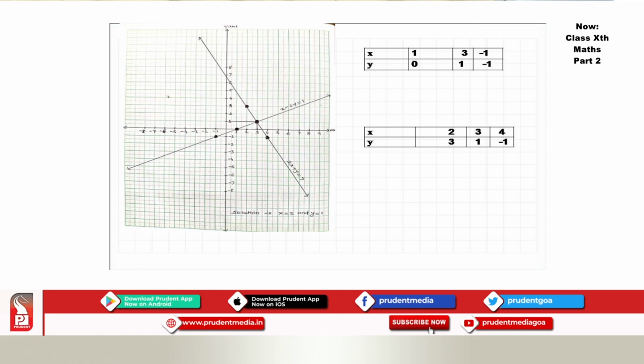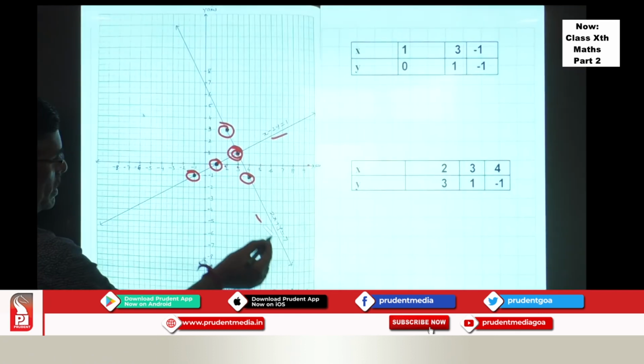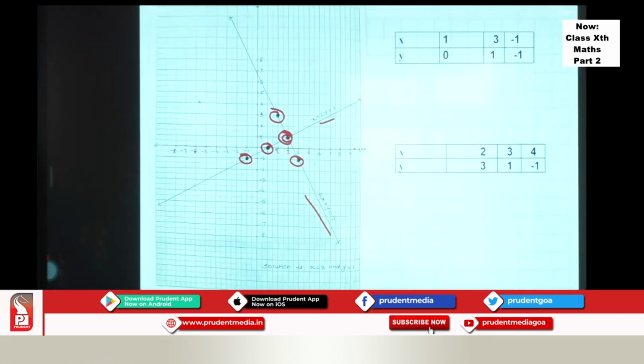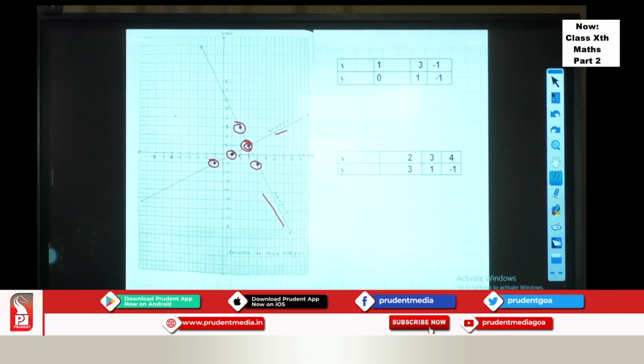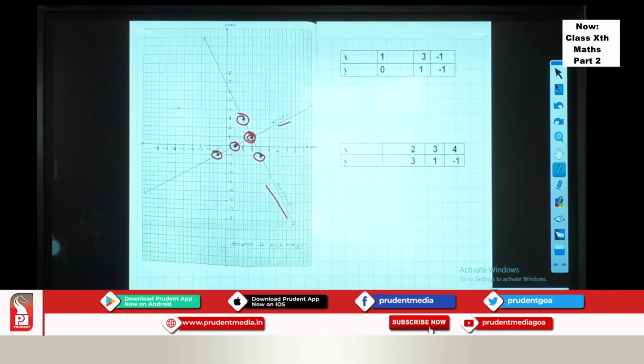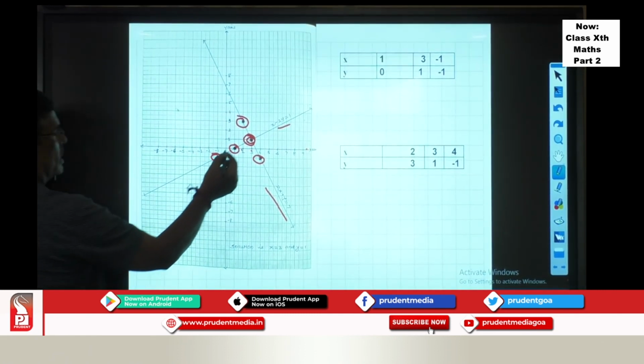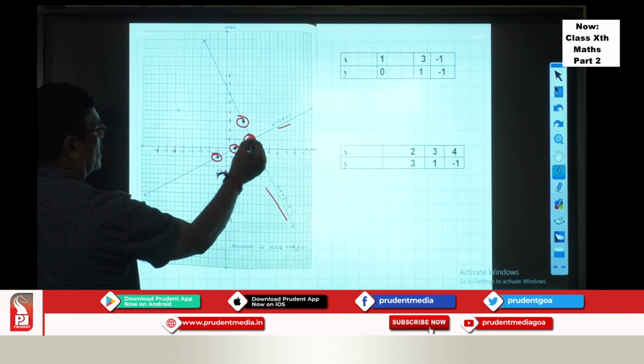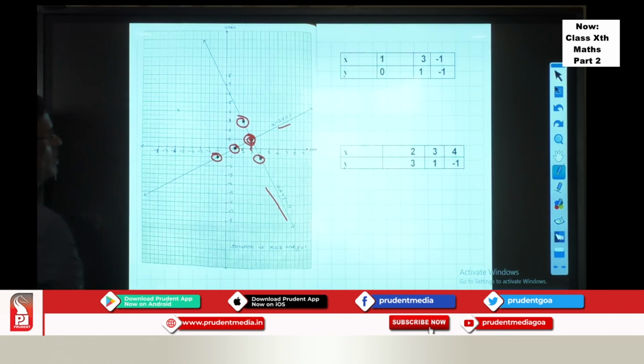So, once we plot these points, then we draw the second line, and then we write the equation on that line, 2x plus y is equal to 7, and then what we are checking is their point of intersection. From there draw a straight line on the x axis.